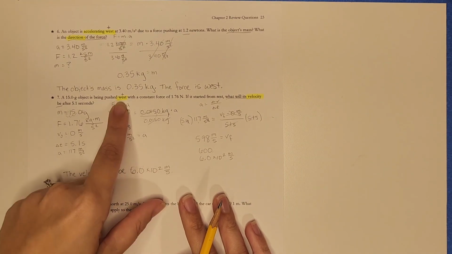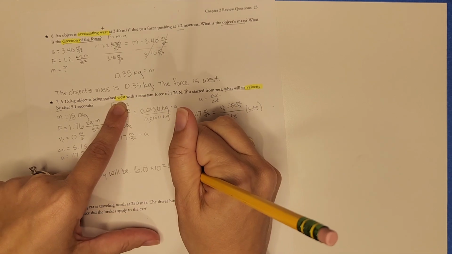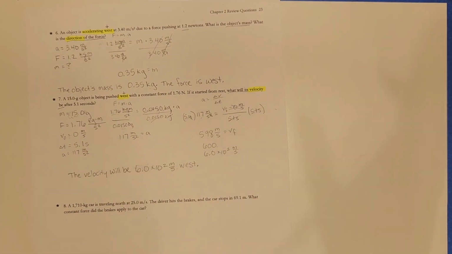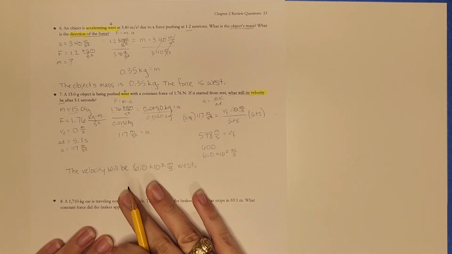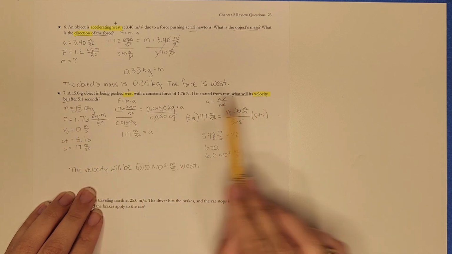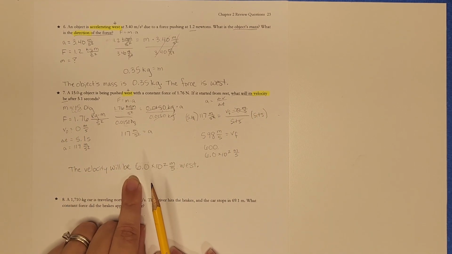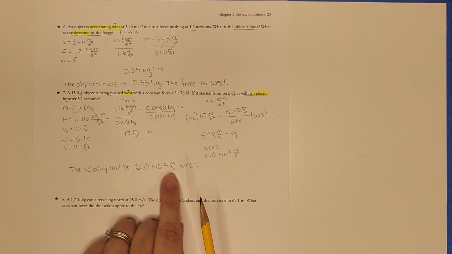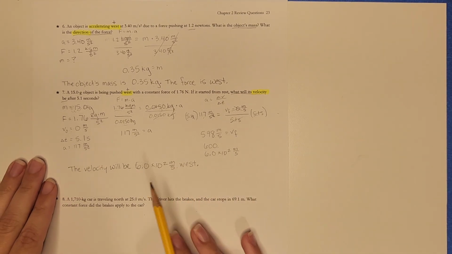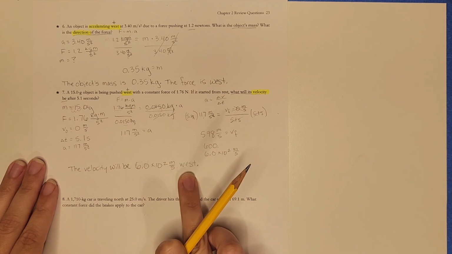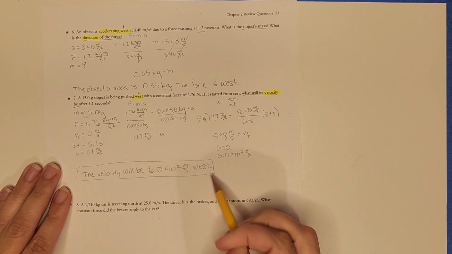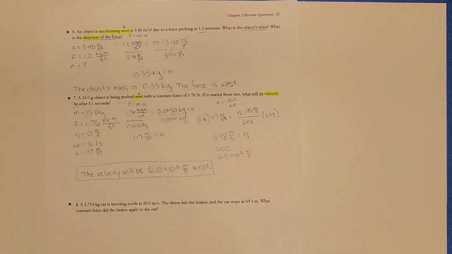This is positive, and we've defined positive as west. And so yay, this saved me, right? So that's our final velocity, 6.0 times 10 squared meters per second. Meters per second is my unit of velocity, and I have my direction here. So this is my final answer.